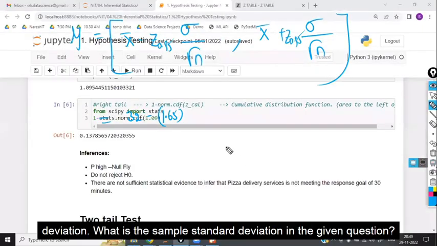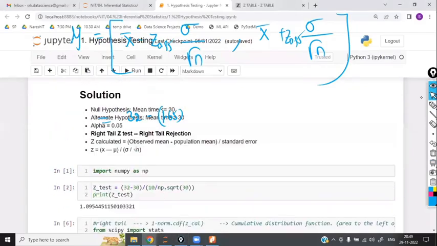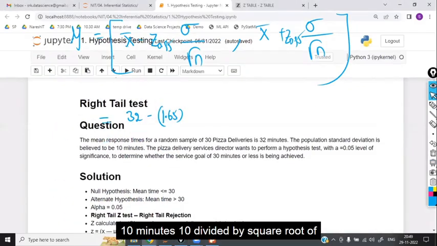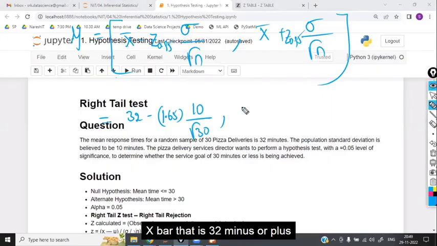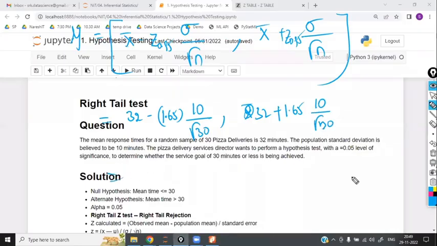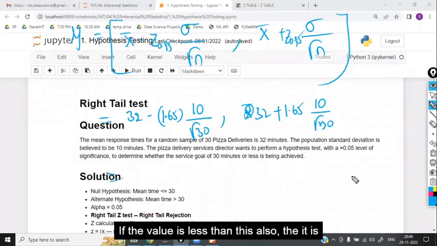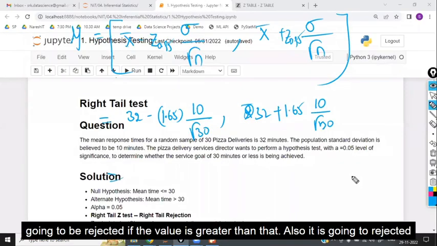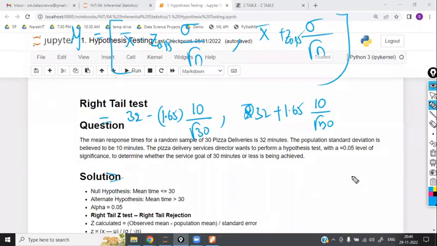What is the sample standard deviation in the given question? 10 minutes. 10 divided by square root of 30. So x bar, that is 32, minus or plus 1.65 into 10 divided by square root of 30. Calculate the value. If the value is less than this, it is going to be rejected. If the value is greater than that also, it is going to be rejected. In between, it will accept.